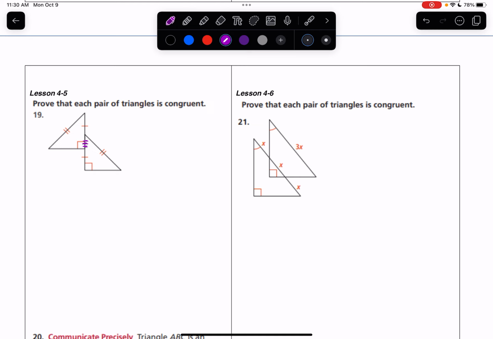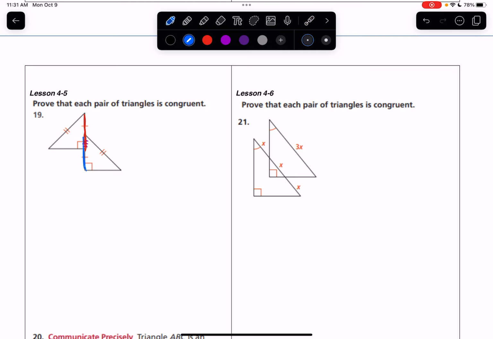So that piece that's half of each of those triangles is congruent to itself, which means that this entire side, I'm going to make it red, and this entire side, I'm going to make it blue, are congruent by the segment addition postulate, where I'm taking this big segment and this little segment that I know are one hash mark and three hash marks, and this big segment and this little segment that I know are one hash mark and three hash marks. And I'm saying, well, those must be the same.